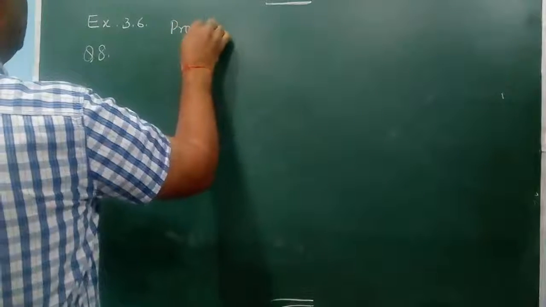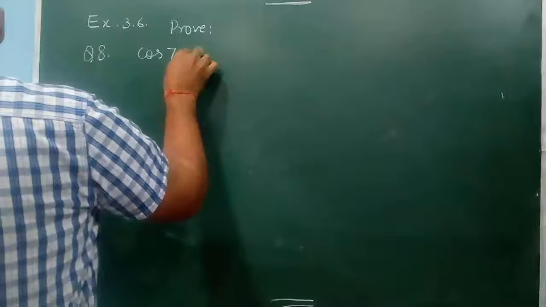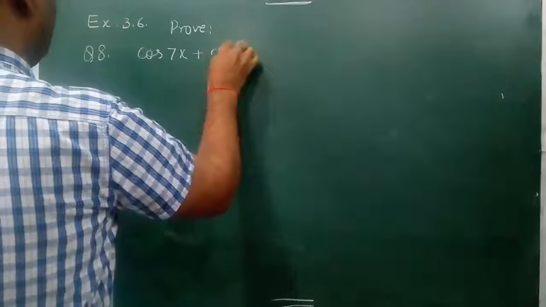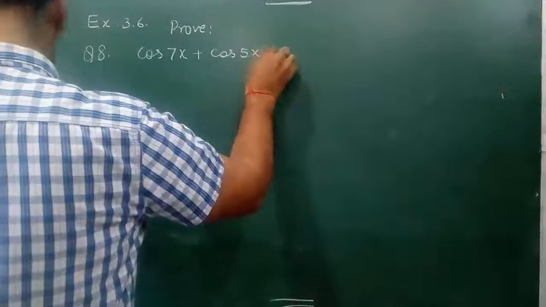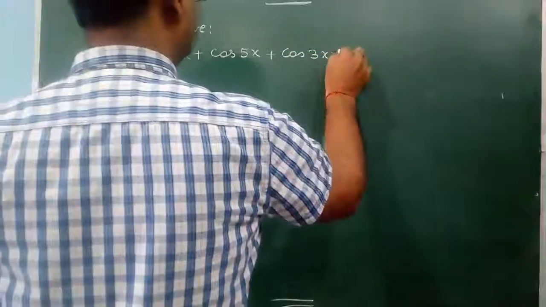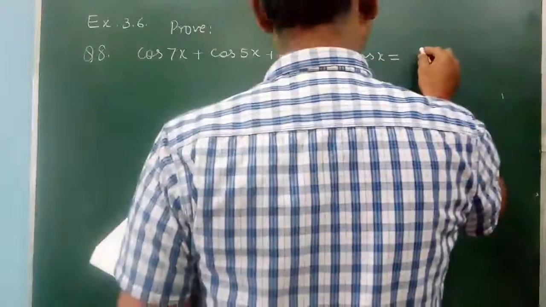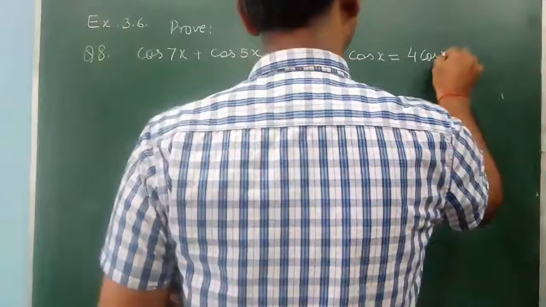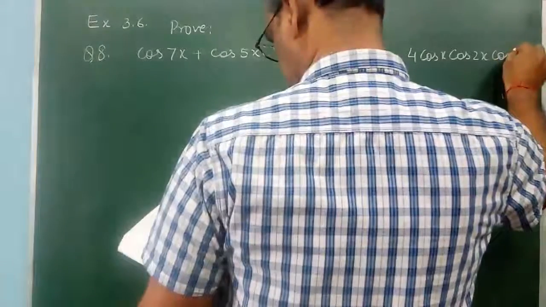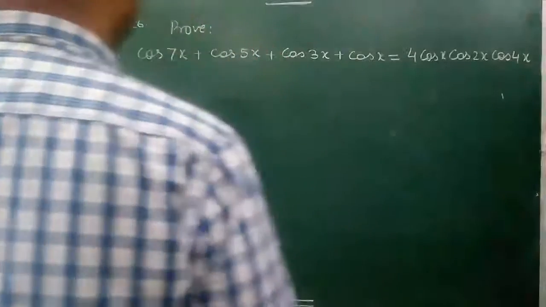Prove cos 7x plus cos 5x plus cos 3x plus cos x equal to 4 cos x cos 2x cos 4x. This we have to prove.